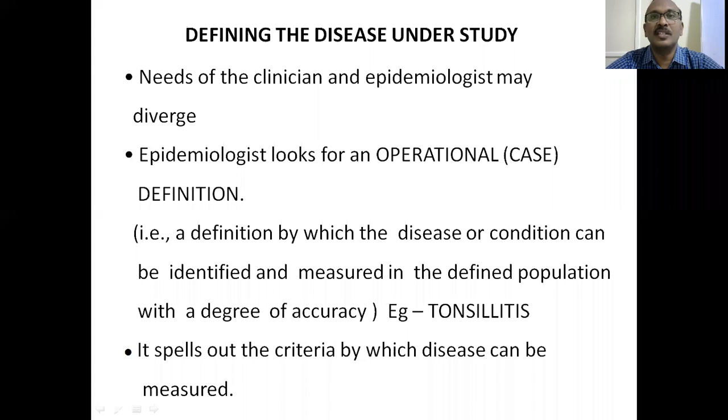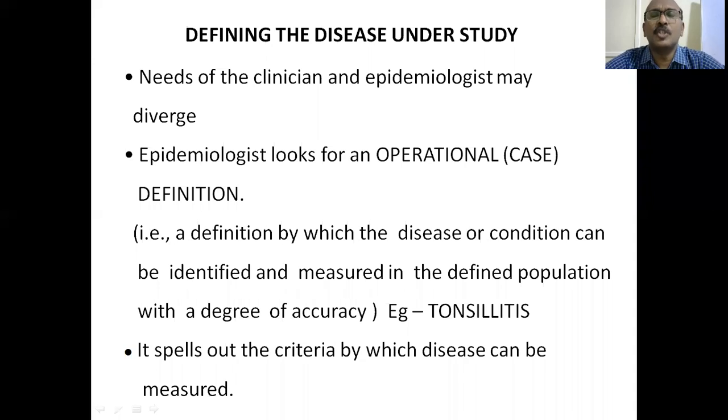But the epidemiologist requires a very specific definition of the disease under study. So the specific definition is called an operational definition or case definition. That is a definition by which the disease or condition can be identified and measured in a defined population with a degree of accuracy. Example, tonsillitis.